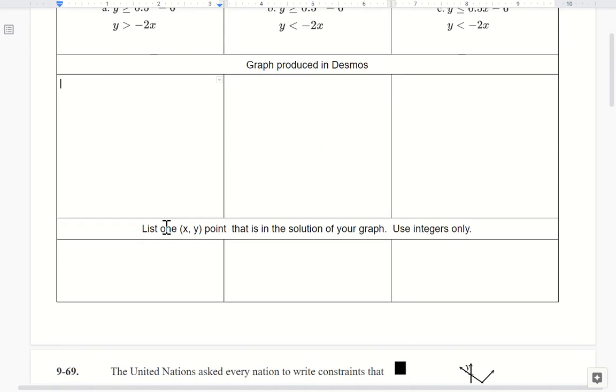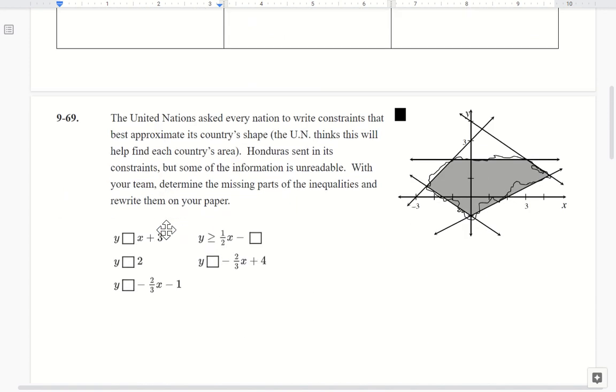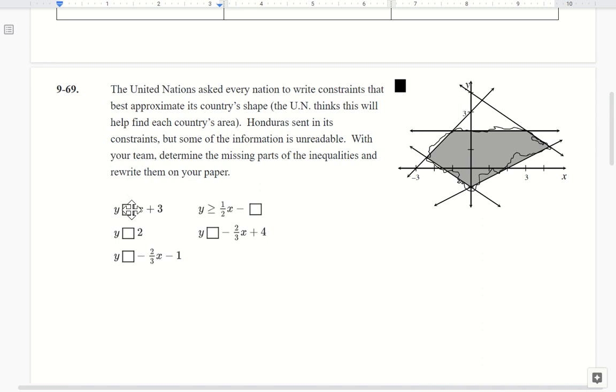The other thing that's on here is this problem. And this is going to be a little tough. I'm just going to say that these boxes are box 1, 2, 3, 4, and 5.